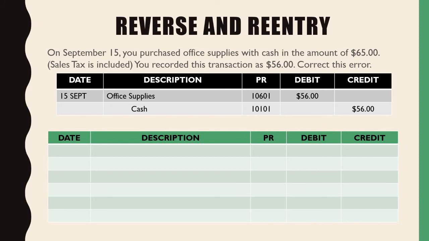So number one, all right, the example says that on September 15, you went and purchased office supplies with cash in the amount of $65, with sales tax included, okay? But you recorded this transaction as $56. All right, now correct this entry.